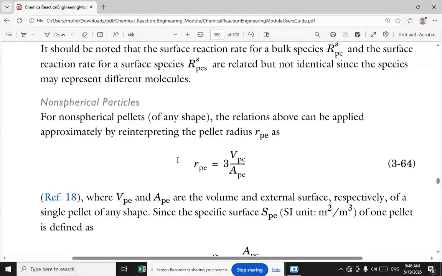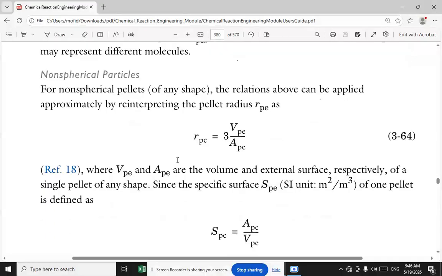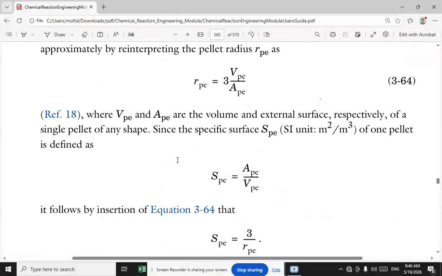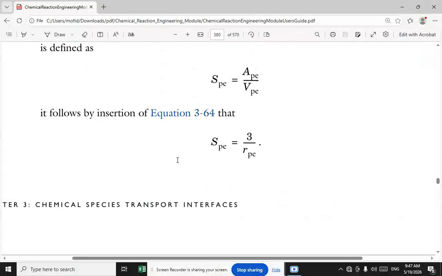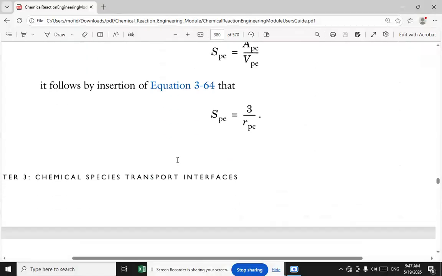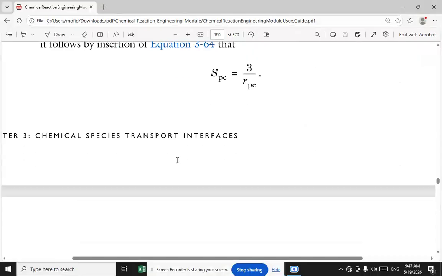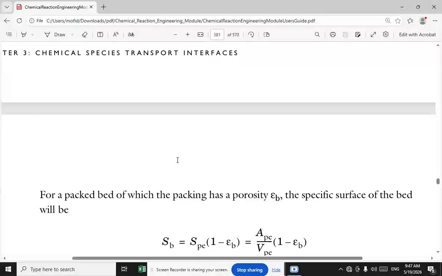For reference, V_pellet and A_pellet are the volume and external surface respectively of a single pellet of any shape. Since the specific surface of a pellet, based on the SI, is in square meters per cubic meter of one pellet, it is defined as S_pellet equal to A_pellet divided by V_pellet, which followed by insertion of equation 3-64 gives S_pellet equal to 3 divided by r_pellet.